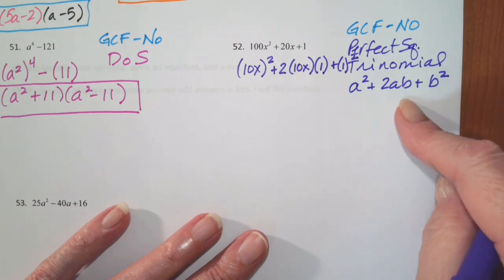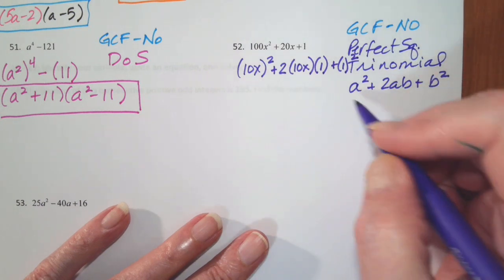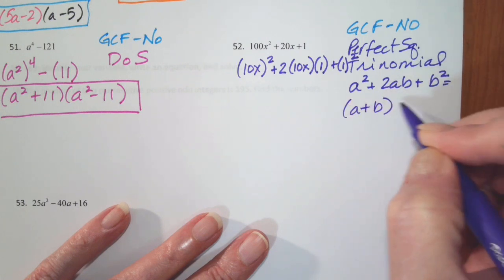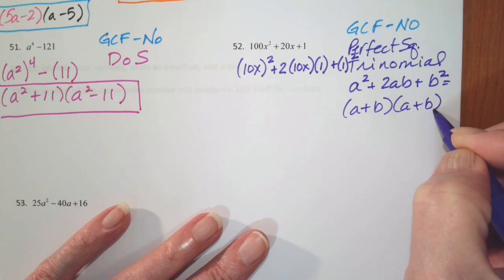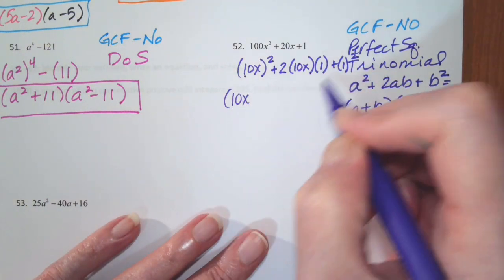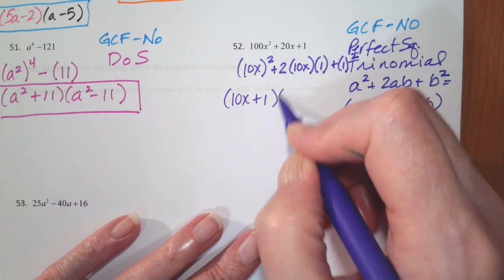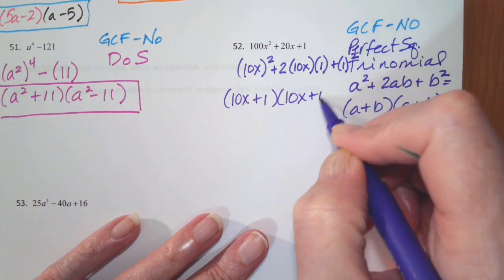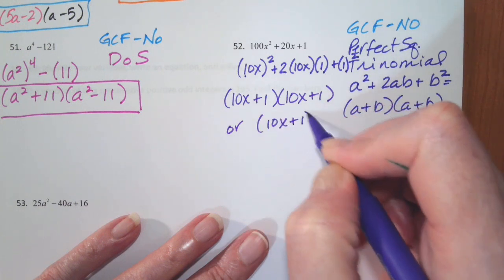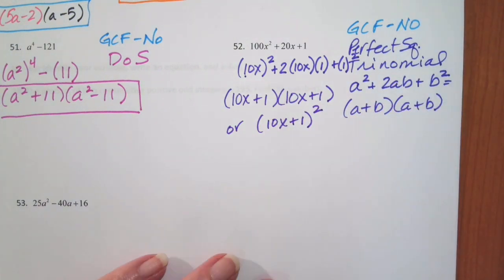And that fits my pattern. So this should be a plus b times a plus b. So this becomes 10x plus 1 times 10x plus 1, or 10x plus 1 squared.